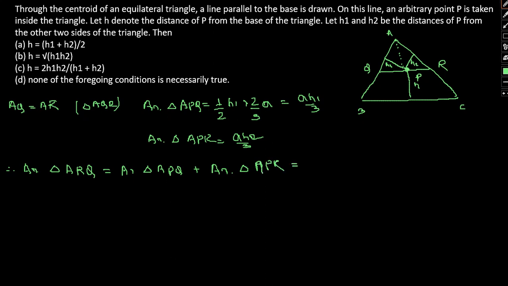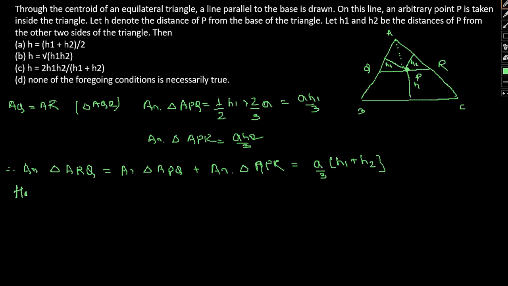Okay, so that would be A by 3 times H1 plus H2. We simply added both these things up. Now if we take a look at the height of triangle AQR, the height will be simply 2h by 3.